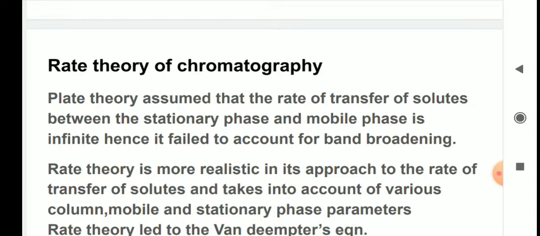So in plate theory, what they assume is that as soon as the solutes reach a plate, they will get transferred to the stationary phase immediately and again transfer back to the mobile phase. So this rate of transfer was assumed to be very fast, or you can say infinite, but this is not the actual fact.